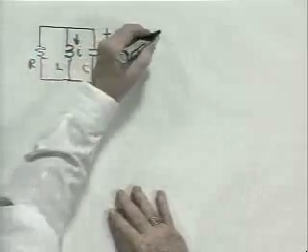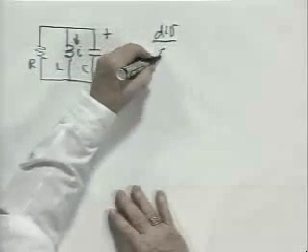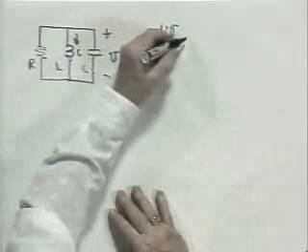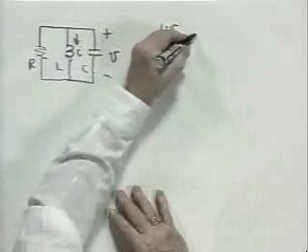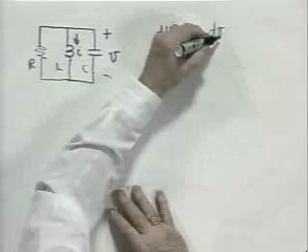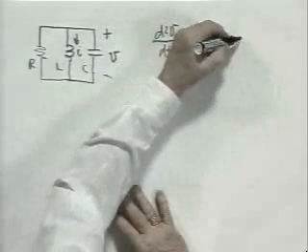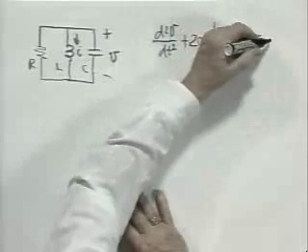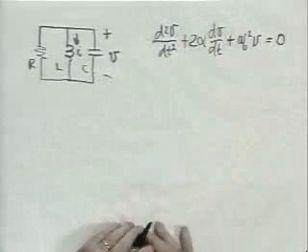And what we know is that the differential equation which we derived in a previous sheet is d squared v dt squared plus 2 alpha dv dt plus omega naught squared v equals 0. Homogeneous equation.